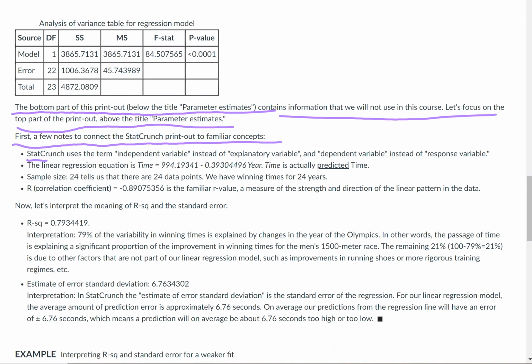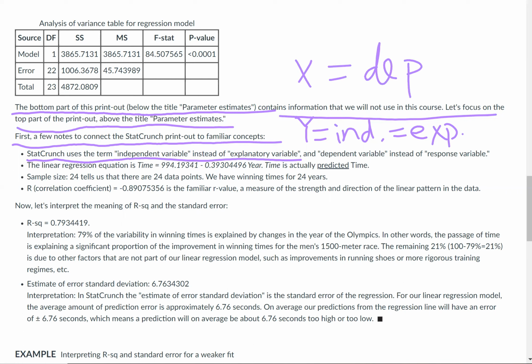First, StatCrunch uses the term independent variable instead of the explanatory variable, but they mean the same thing. Y is the independent or explanatory variable, and X is the dependent variable, the response variable. The linear regression equation is time equals what was given above.